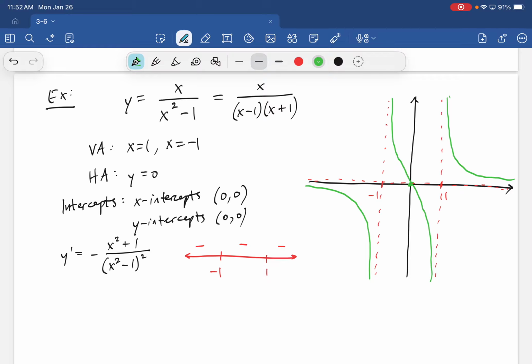You have to think about where the horizontal asymptote is, and then think about how the function should behave if it's decreasing on every interval, and then also account for those vertical asymptotes where the function should increase to infinity or decrease to negative infinity. Okay, that's the tricky step, right? To go from all this information and to kind of infer what the graph should look like. But if you do the logic, it should make sense. It's kind of like a puzzle, right?